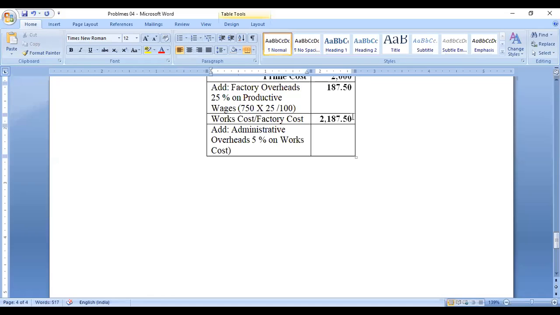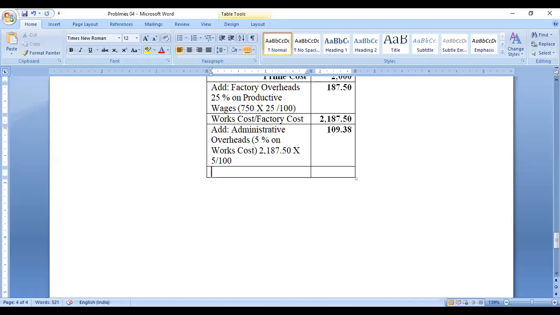What is the work cost? The work cost amount you calculated is 2187.50. Multiply that value by 5 divided by 100. Take the calculator and multiply, and that amount is 109.38.